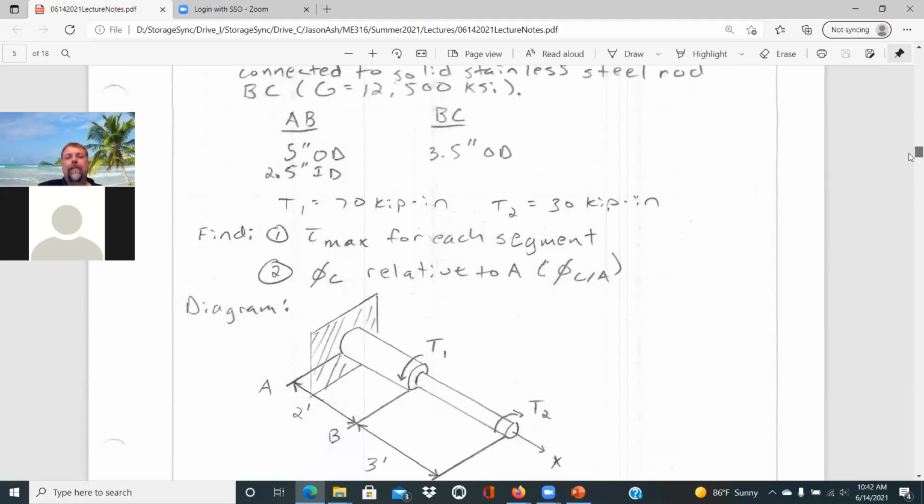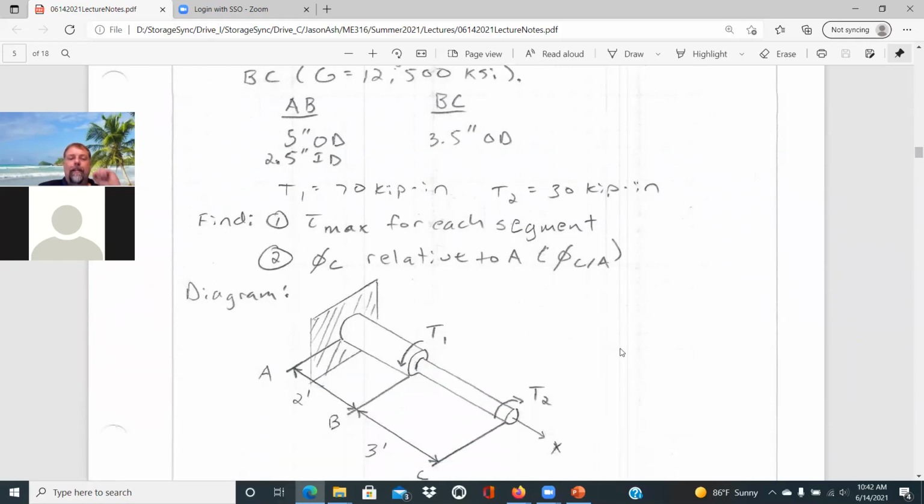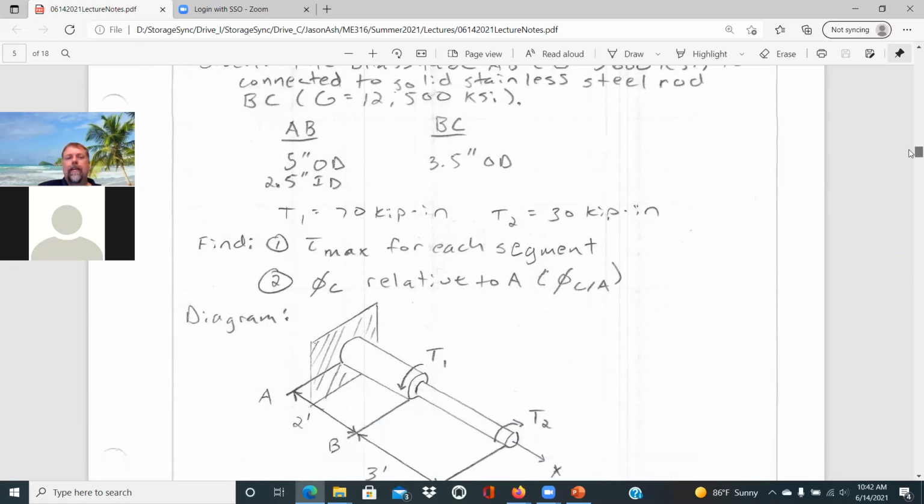I think we can scroll down. So our segment AB that you see there, the bigger one, is the brass tube, and the BC then is the stainless steel section. The geometry properties of this, section AB has a 5-inch outer diameter and a 2.5-inch inner diameter, whereas BC has a 3.5-inch outer diameter.